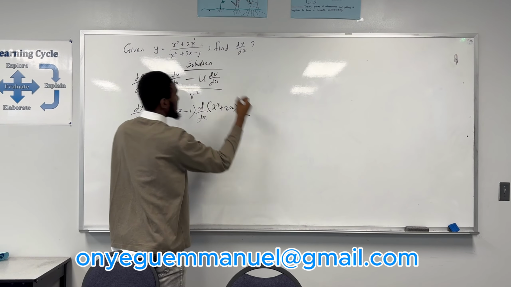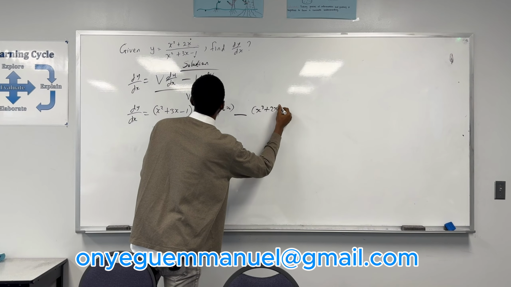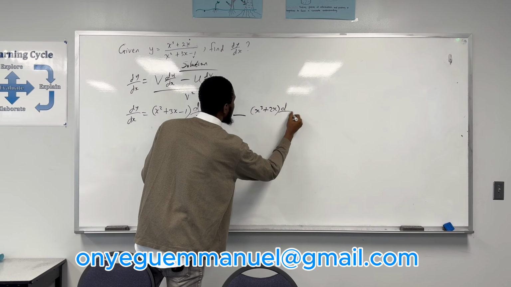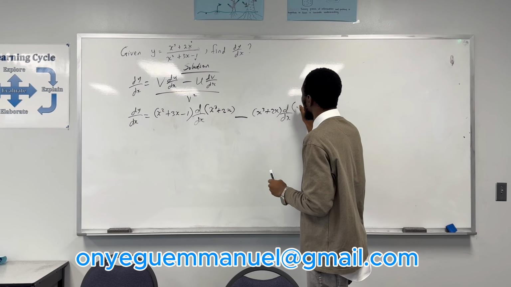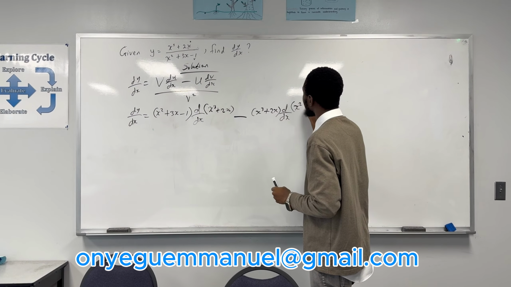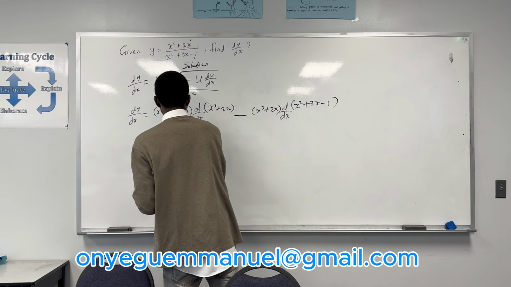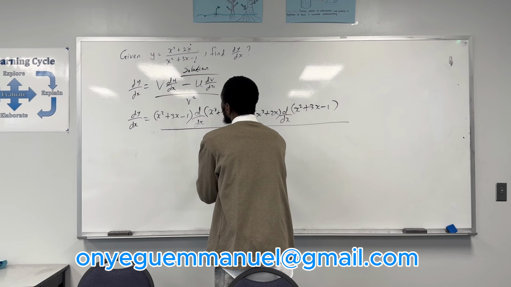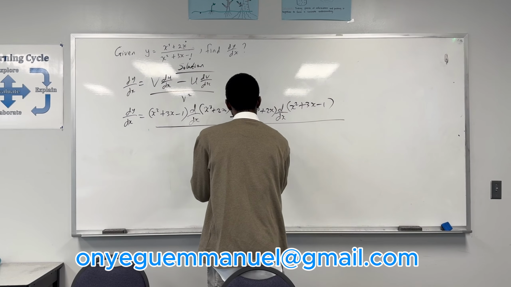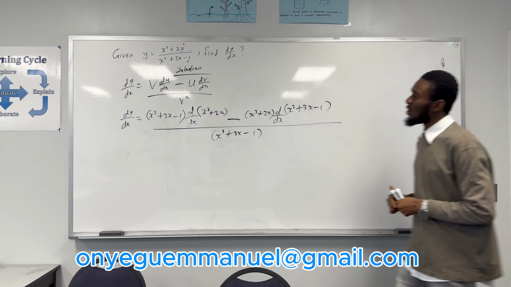Our u is x cubed plus 2x, times dv/dx. What's our v? Our v is this, all over v squared, which is x squared plus 3x minus 1, squared. So what do we do next?